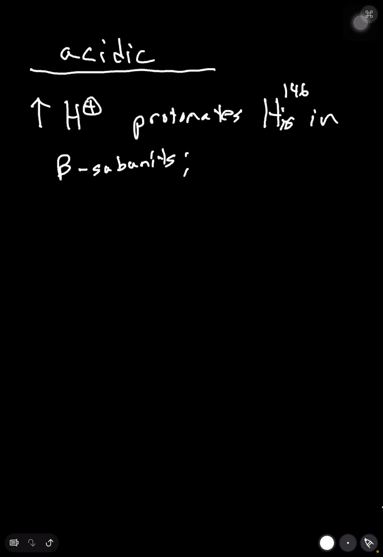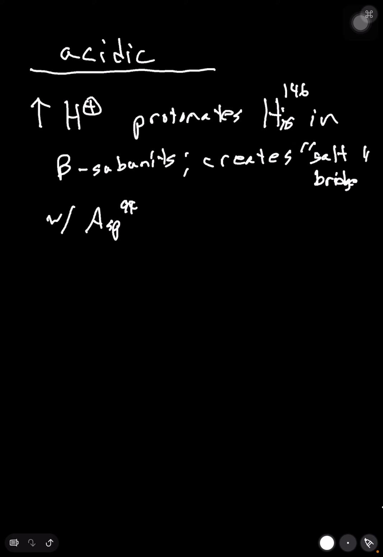That enables that histidine to create something called a salt bridge with aspartic acid 94. So in essence, aspartic acid is probably going to be in a negative state, right? It's going to be a negative carboxyl group. When you have increased H+, the H+ will bind to a nitrogen in histidine and give it a positive charge.